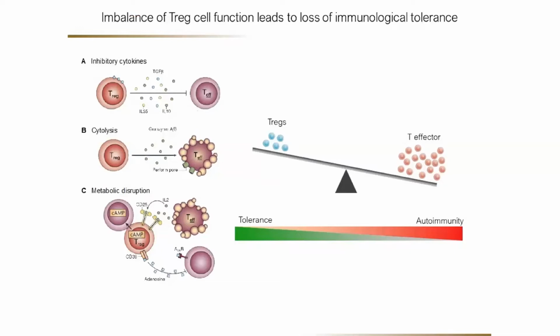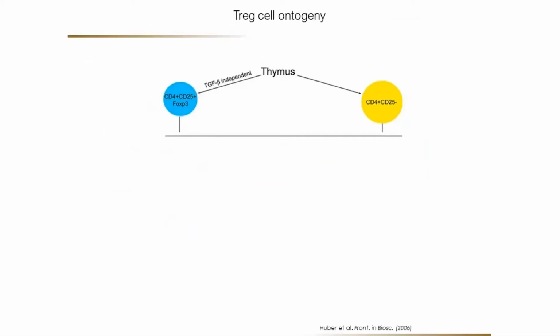Now, in terms of ontogeny, where do these Tregs come from? So I would say most of them can be classified into two different flavors of Tregs, if you will. The first really are ones that originate in the thymus, and these regulatory T cells are selected against or for self-antigen recognition, and they really function in the periphery to limit self-reactive T cell responses.